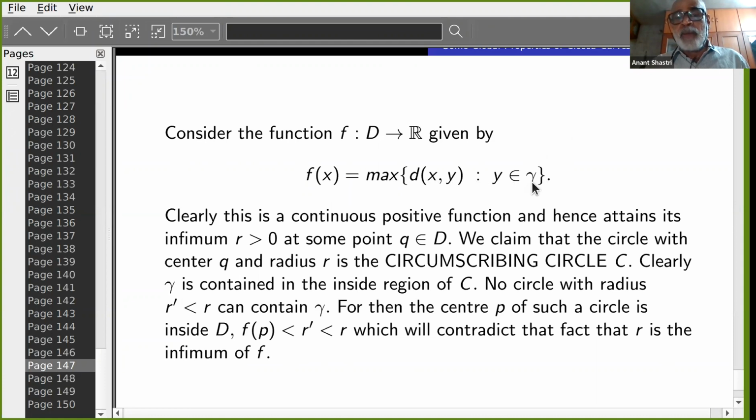Then verify what happens to the points. That way you can understand what is going on. You may have to draw one, two, three such pictures and see that this is the way to approach the circumscribing circle. But this is totally elementary. There is nothing here other than triangle inequalities at the most for the distance function.